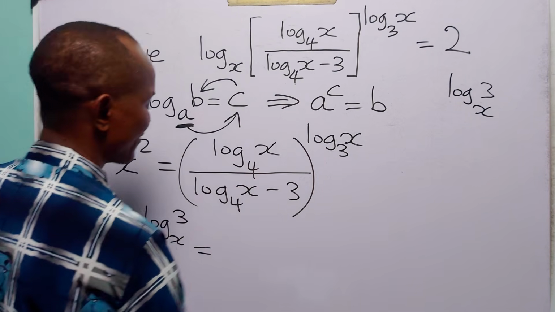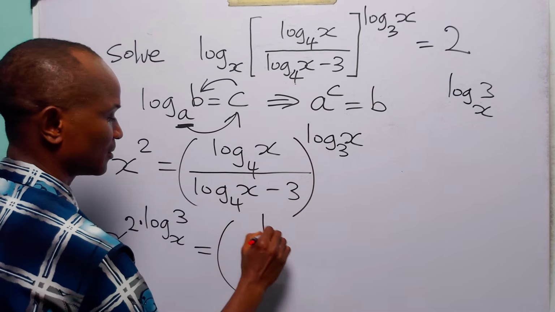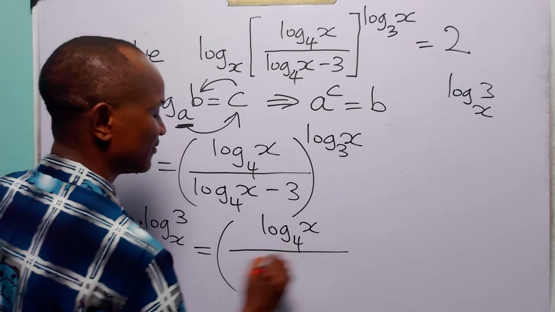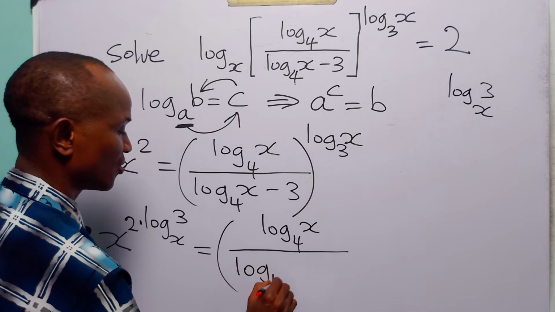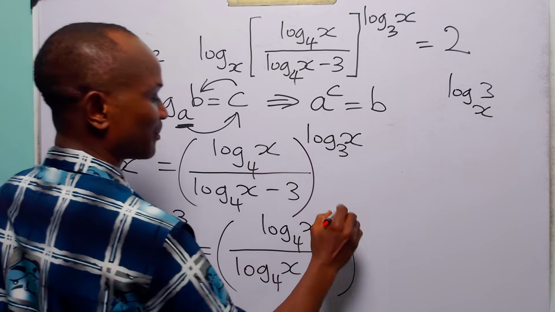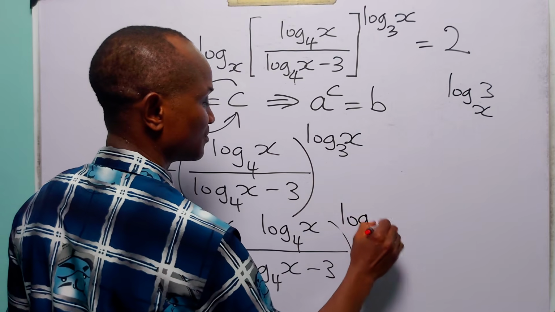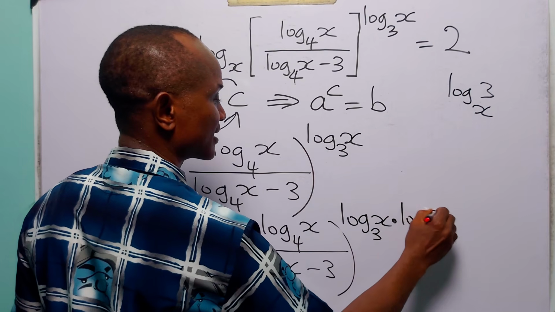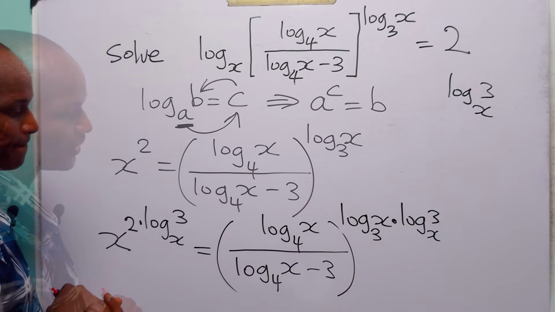And of course, on the right-hand side, we now have log to base 4 of x divided by log to base 4 of x minus 3 to the power log to base 3 of x times log to base x of 3.